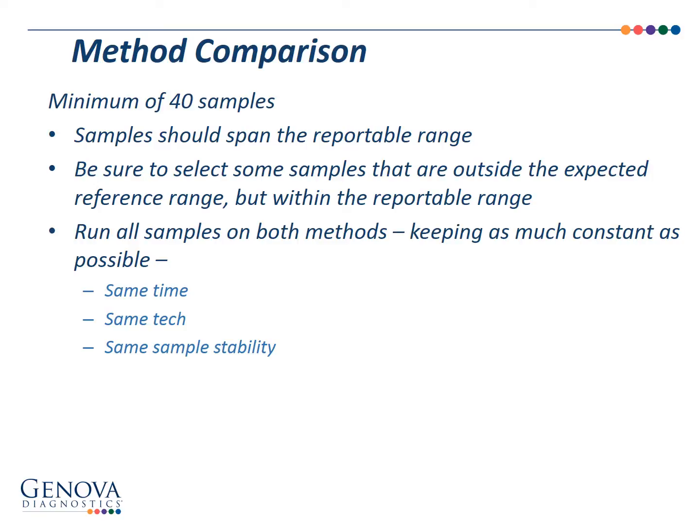You don't want to thaw your sample, run method 1 on Monday, and then leave that sample in the refrigerator and run method 2 on Tuesday, because suddenly you've just introduced an additional variable. You want to keep the only variable being the 2 different methods. Does that make sense? We know this isn't always possible, because sometimes you've only got one person, but as much as possible, keep things constant.